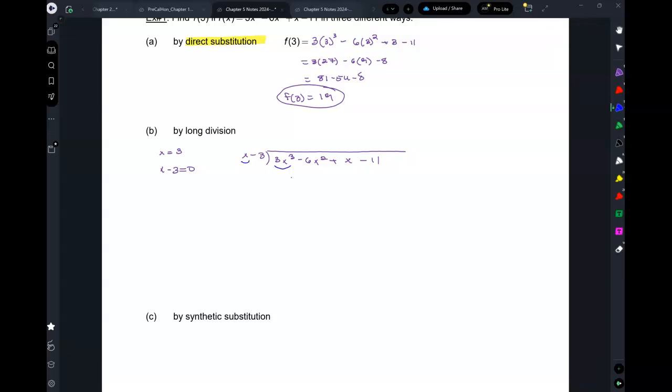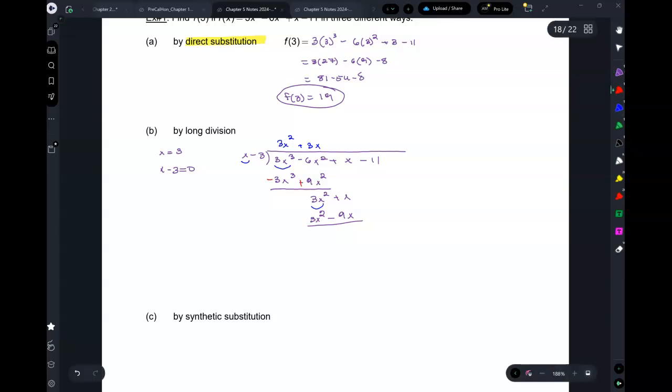So 3x cubed over x, 3x squared. Multiply, I get 3x cubed minus 9x squared. Now, here we have to change the sign and then add. So I get 3x squared plus x. 3x squared over x, 3x. 3x times x, 3x squared. And then times minus 3 is minus 9x.